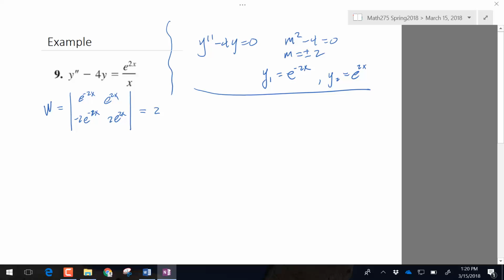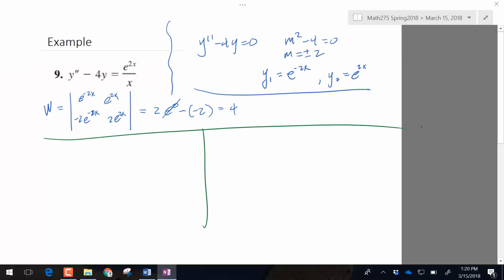Oh well. So this is e to the, you add the powers, negative 2x plus 2x, and that's going to be 0. So that's just going to be 1 minus negative 2 times the same thing is equal to 4. So I wanted a function there to make our integral a little bit more complicated. Oh well. Not that this is going to be a piece of cake, but we happen to be getting solutions that are constants, and they're not always going to be constants.